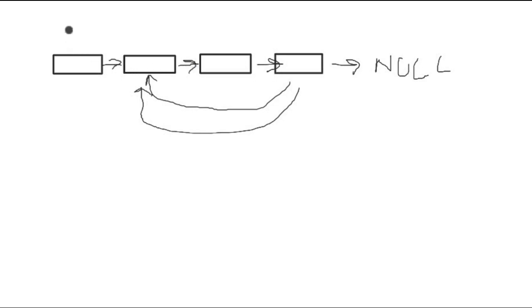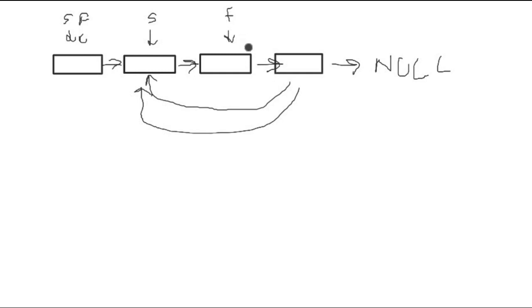As you can see in this example, if we create two pointers here, initially both pointing to the same head pointer, one is slow and the other is fast. After the first iteration the slow pointer will be here and the fast pointer will be here.